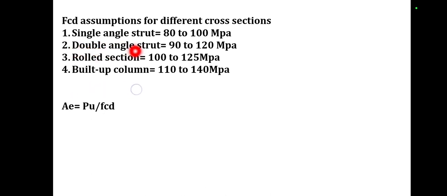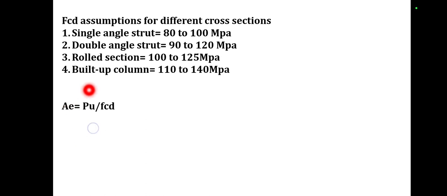If it is a double angle strut, we assume it between 90 to 120 MPa. If it is a rolled section, we assume 100 to 125 MPa. If it is a built up column, we assume 110 to 140 MPa.